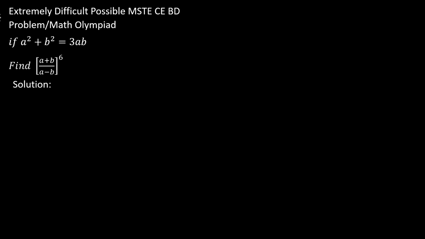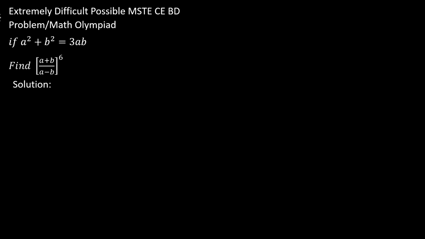Let us now start solving the problem. Actually, we have three steps to do in order to solve this problem. As we can see, the question is to find (a plus b all over a minus b) raised to the sixth power. We have to apply here the power of quotient.